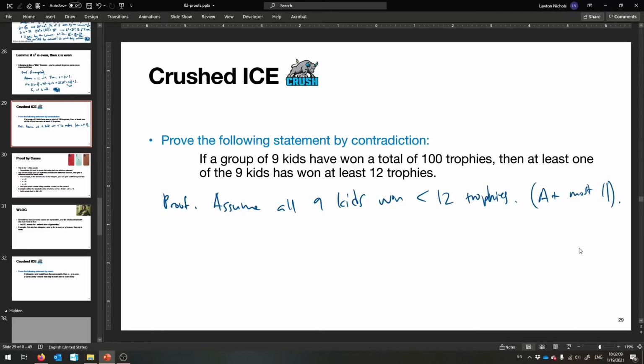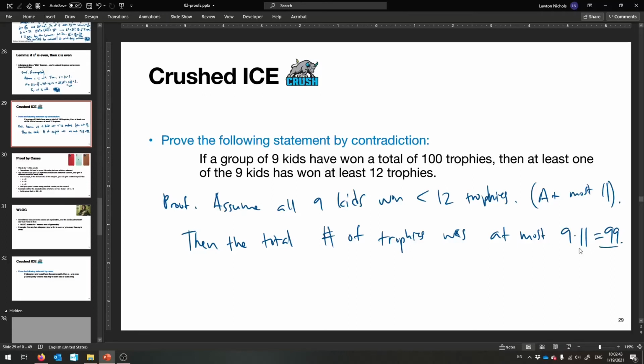That means that the total number of trophies was at most, because they can win less than 12. Some kid might have won 1, some other kid might have won 11. But at most, it could have been everybody got 11 trophies. Okay, so it was at most 9 times 11 equals 99. But we were assuming that there are 100 trophies.